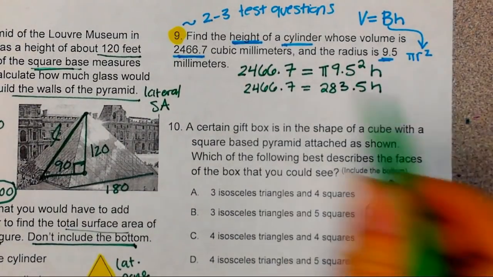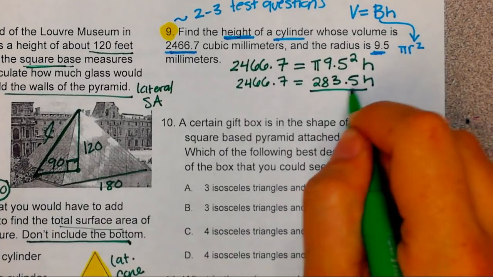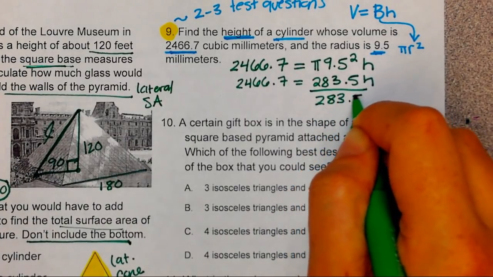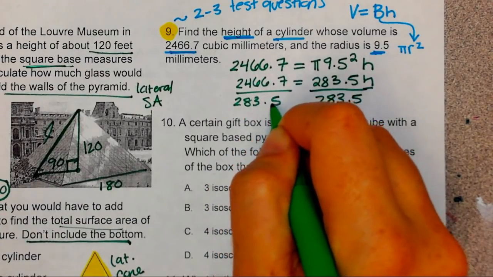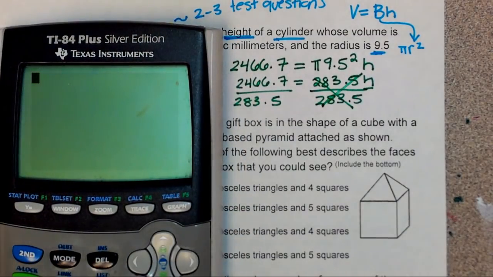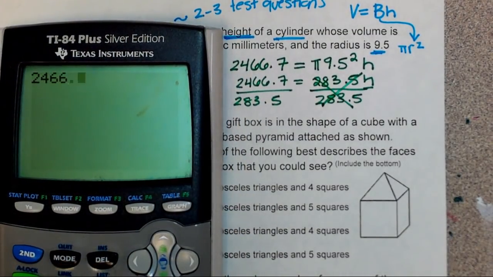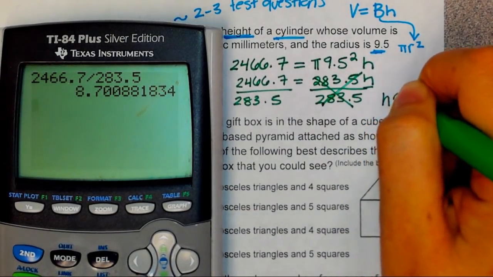And then all we need to do now is divide by 283.5. So those cancel. And then 2466.7 divided by 283.5 gives us the height is about 8.7.